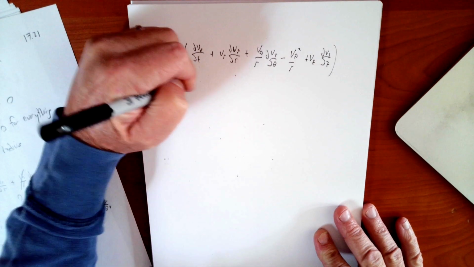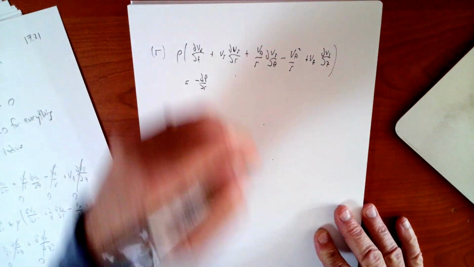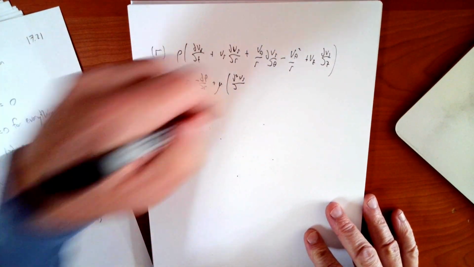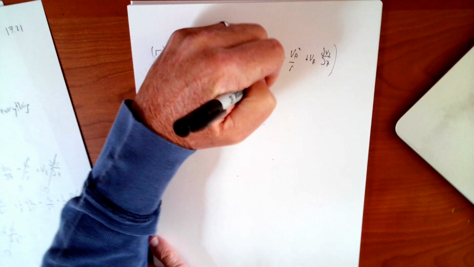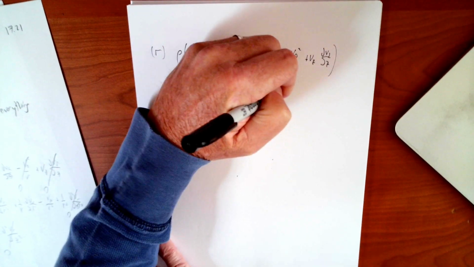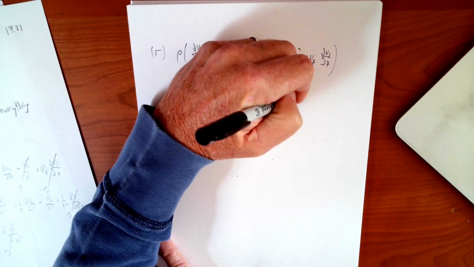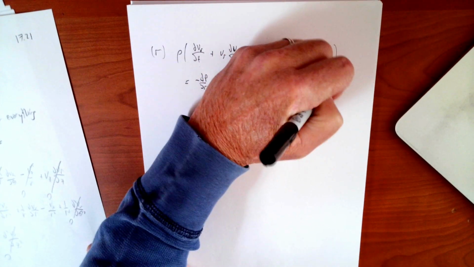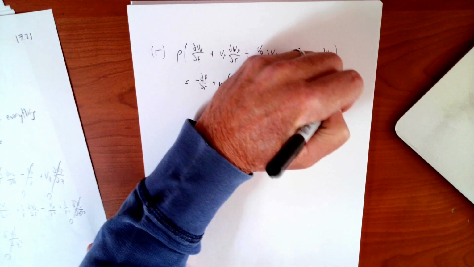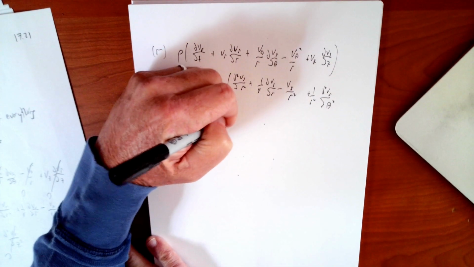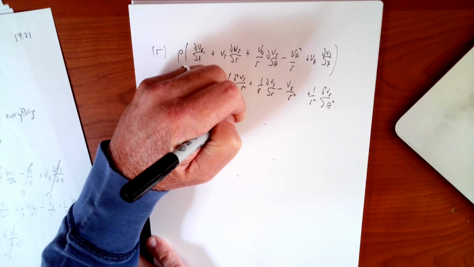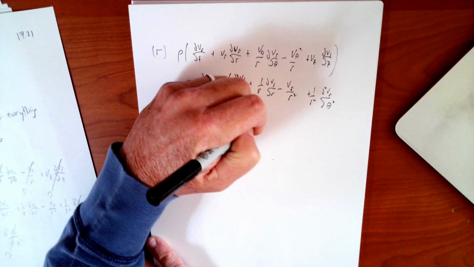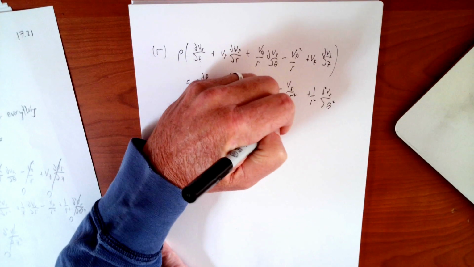And then on the right hand side we have minus dP/dr, and we have the viscosity, and then we have d squared vr/dr squared plus 1 over r dvr/dr minus vr over r squared, plus 1 over r squared d squared vr/d theta squared minus 2 over r squared times dv theta/d theta, plus d squared vr/dz squared.